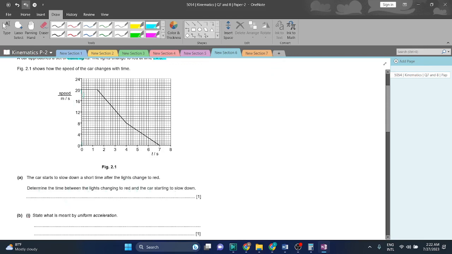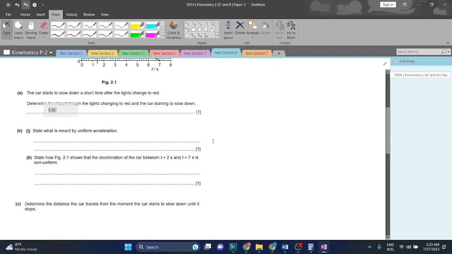This will be the thinking distance, which is 1.4 seconds. This is the point where the car starts to slow down and the driver realizes that he has to stop. So that is the answer to B.